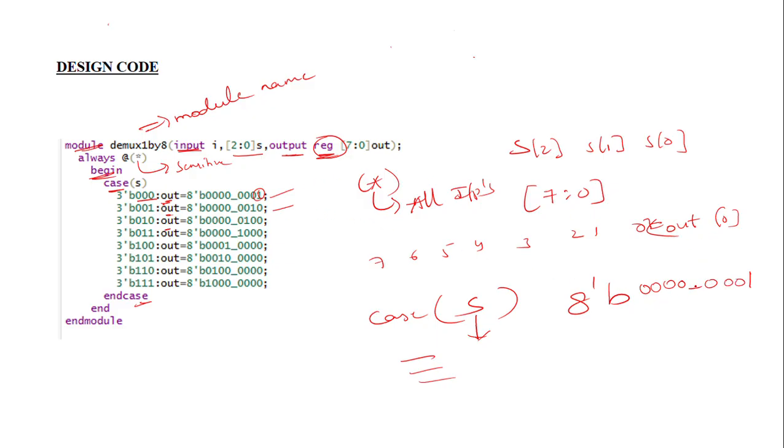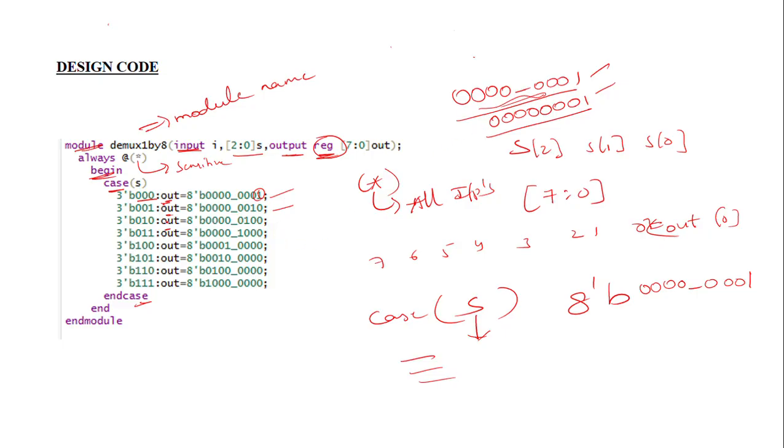If you don't mention it, no problem. If you mention the underscore, it is ignored, so it is 4 zeros followed by 0001. Both representations are the same, but without the underscore you can get confused about how many zeros you mentioned. With it, it is very easy to understand at a glance.